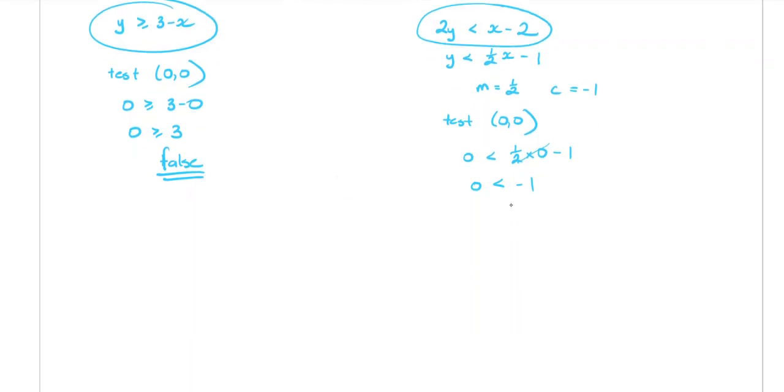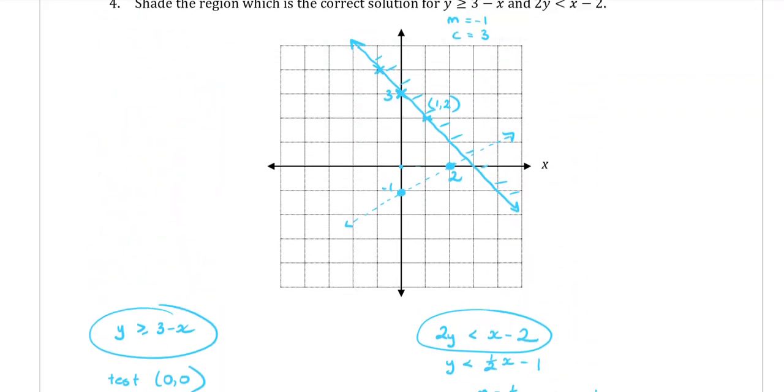That's false again, because minus 1 is smaller. So that means the origin is the wrong side to shade again, which means we want to go on the bottom side of the dotted one. And the section that's in common is this part out the side, where both of those shaded sections overlap.